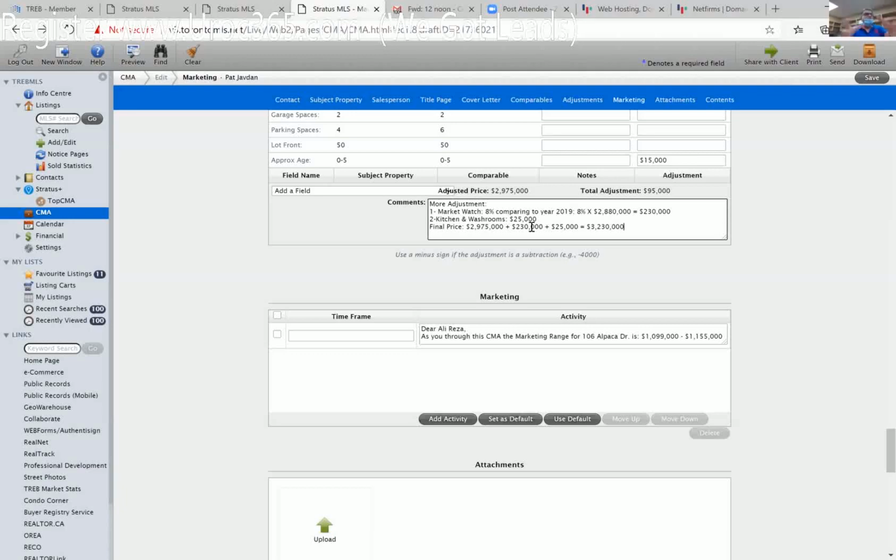According to these three comparables, one new and two sold, we reach this number, 3,230,000.